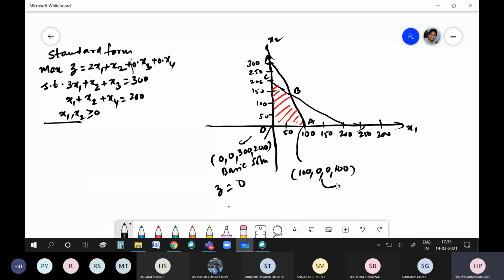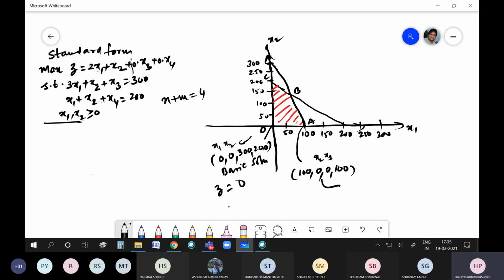Why is it a basic solution? Because we have 4 variables x1, x2, x3 and x4. Number of variables n plus m is equal to 4. The number of constraints is 2. So we have to have 2 variables be 0. So here x1 and x2 are 0. Here x2 and x3 are 0.